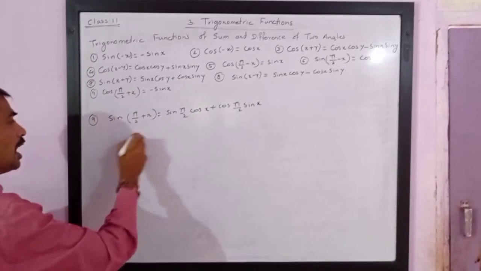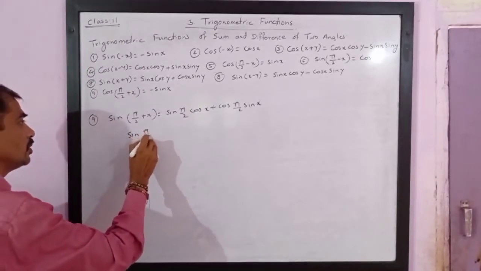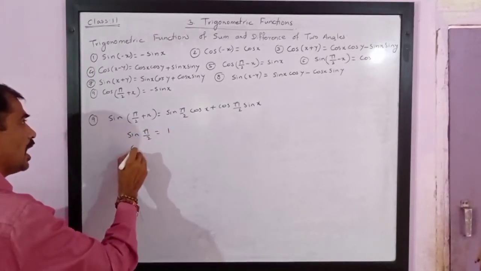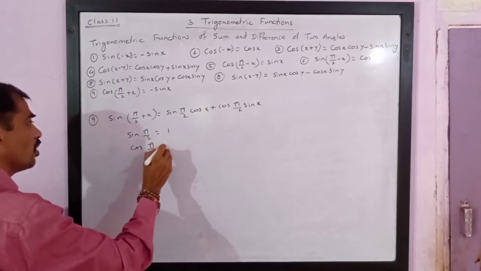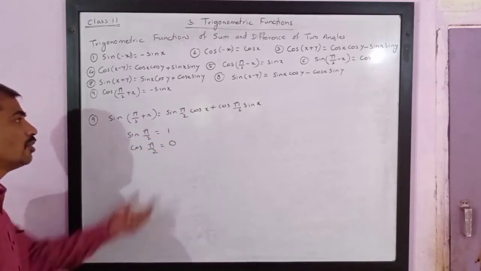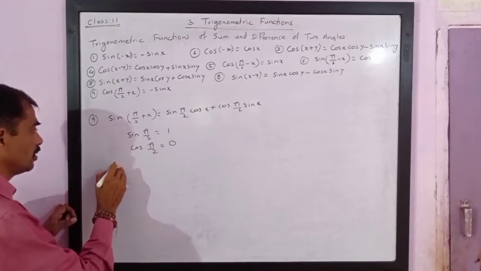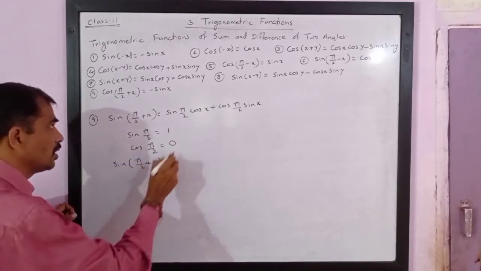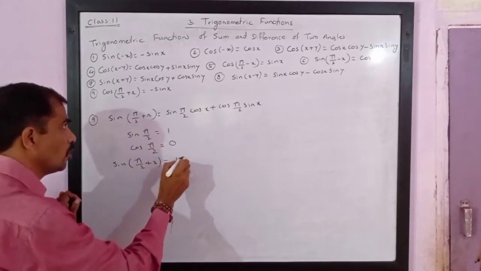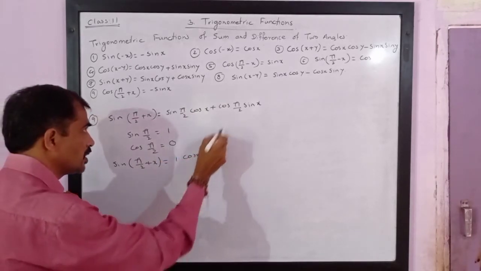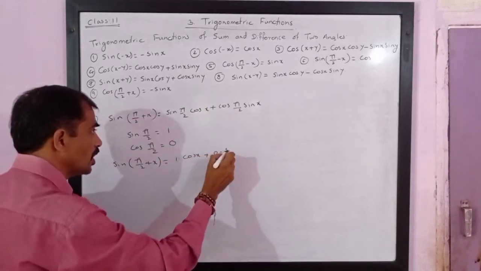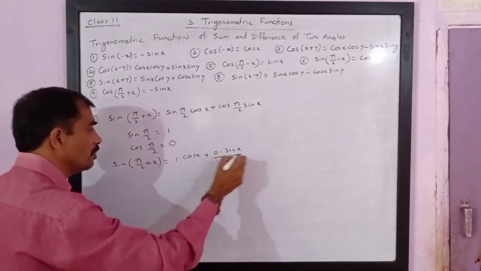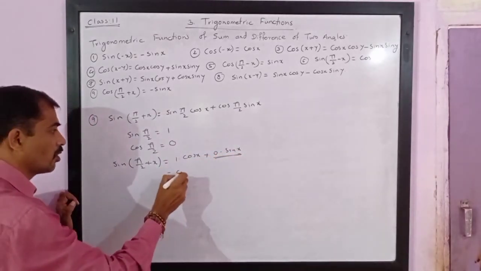Please note, we have sin pi by 2 is equal to sin 90 is equal to 1 and cos pi by 2, that is cos 90, is equal to 0. So if you put the values, you will get sin of pi by 2 plus x is equal to 1 into cos x plus cos pi by 2 is 0 into sin x. So this term will become 0, 1 into cos x is equal to cos x.